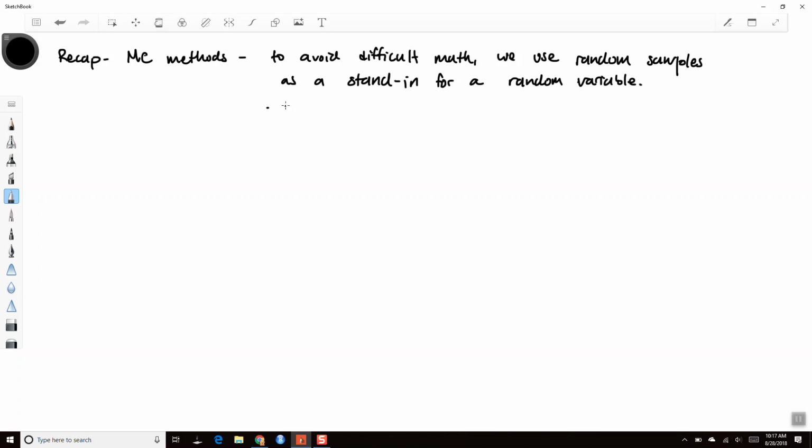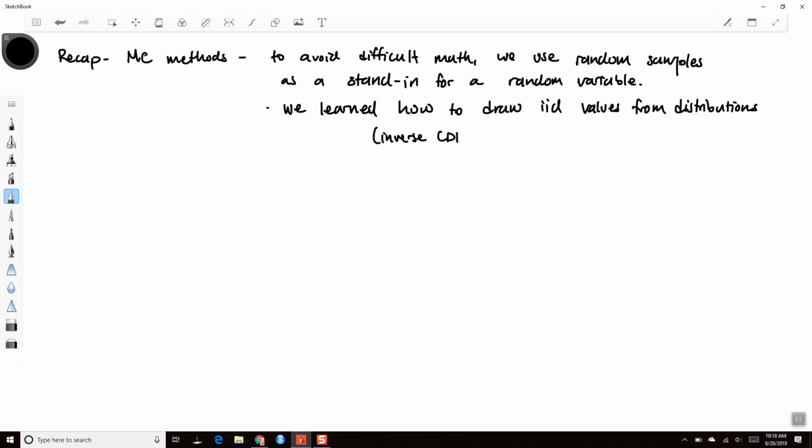So we learned how to draw IID values from distributions, and that's inverse CDF and rejection sampling.